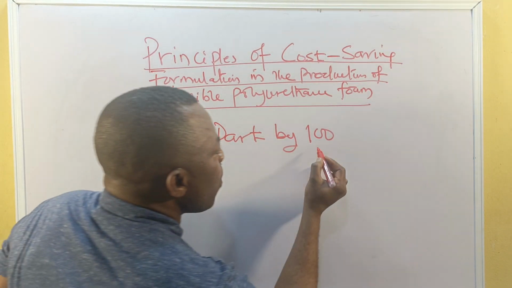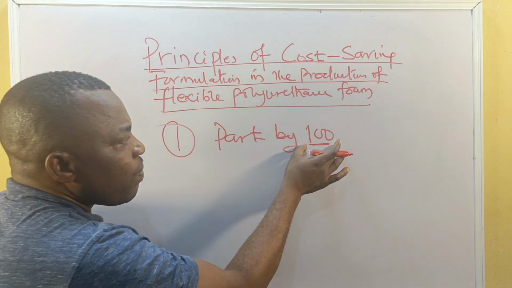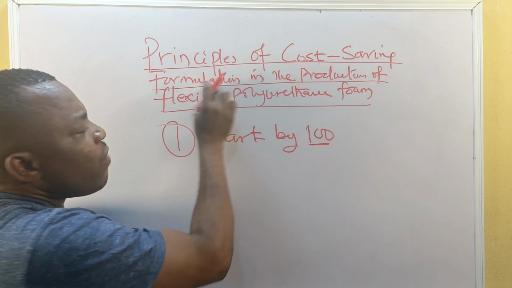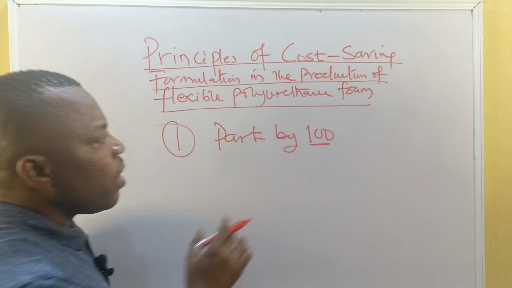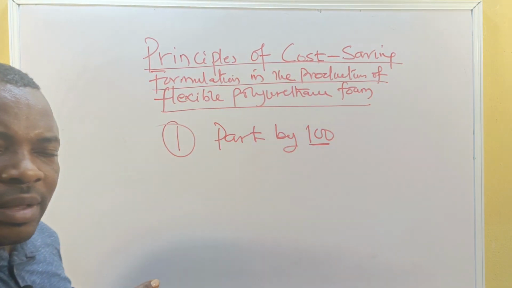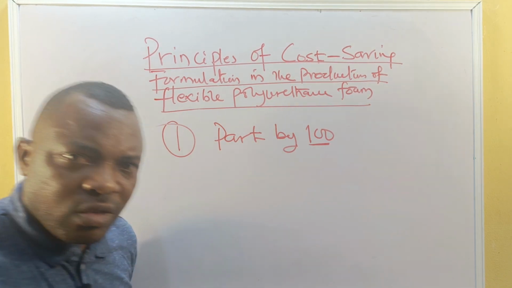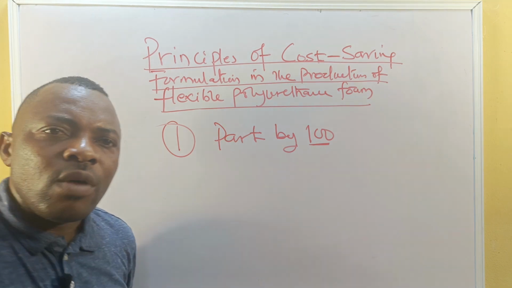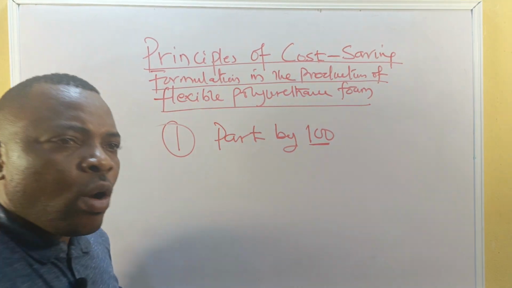The reason for this 100 is to enable you to scale up and accurately determine this formulation. Now, the idea of bringing in calcium carbonate is to reduce the cost of production without even affecting the quality.